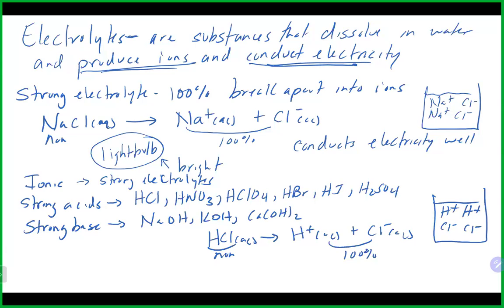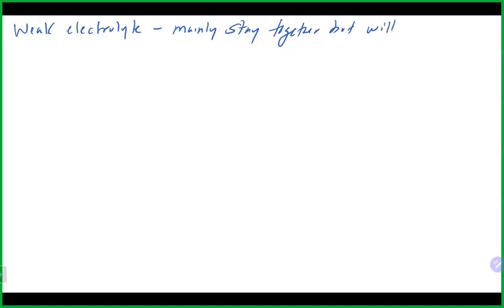Now, a weak electrolyte is also a type of electrolyte. A weak electrolyte will actually mainly stay together, but will produce some ions. Because it's able to produce some ions, it can still conduct electricity, but nowhere near as well as a strong electrolyte.